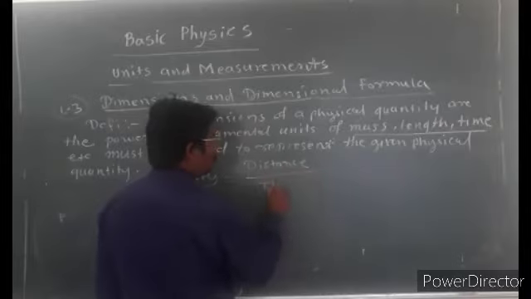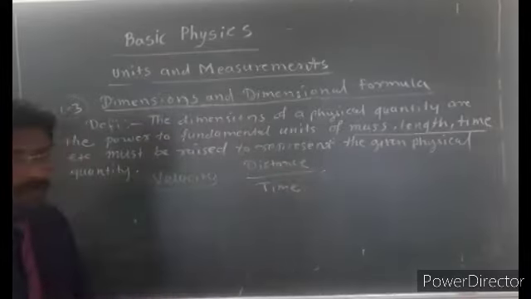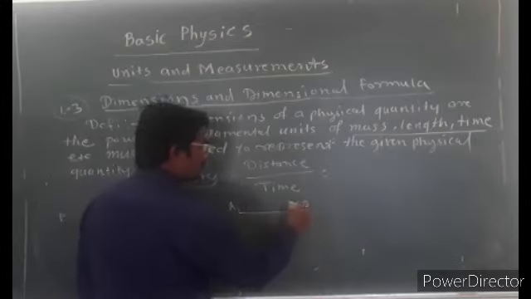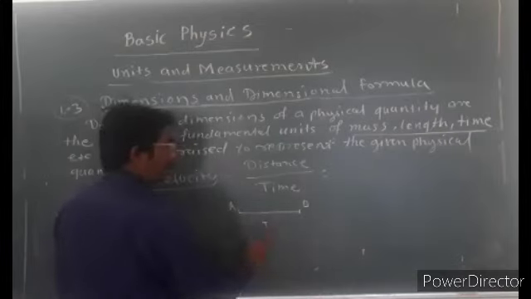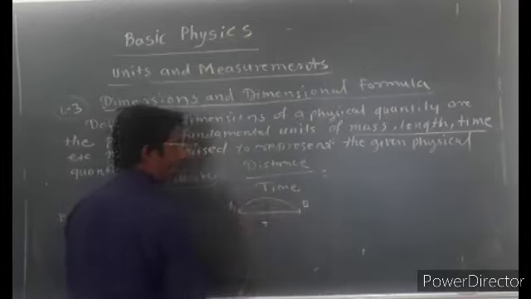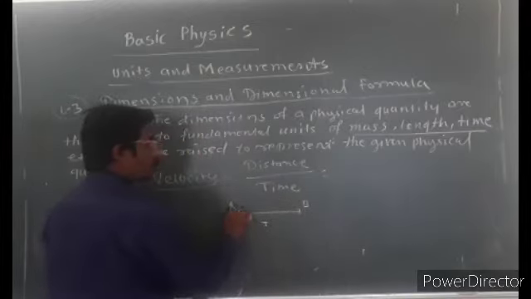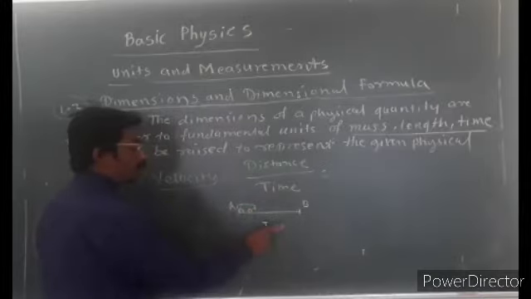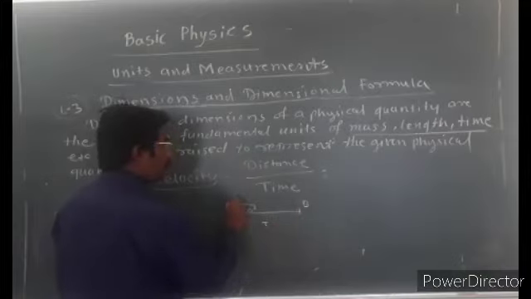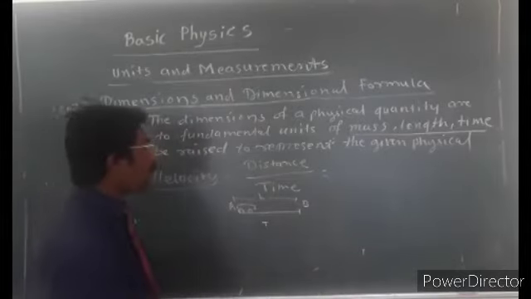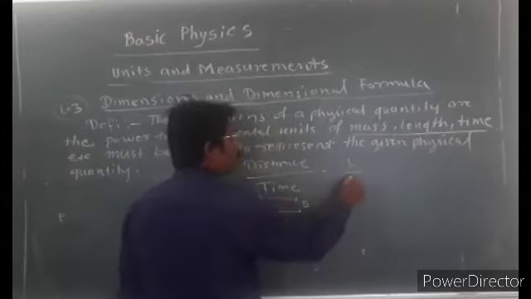Suppose that this is point A and this is point B, and time T is required for any particular object to reach from point A to point B. Suppose that this is a vehicle, and this vehicle takes a time T to reach from point A to point B, and distance L is between A and B. So we can write here distance L, time T.